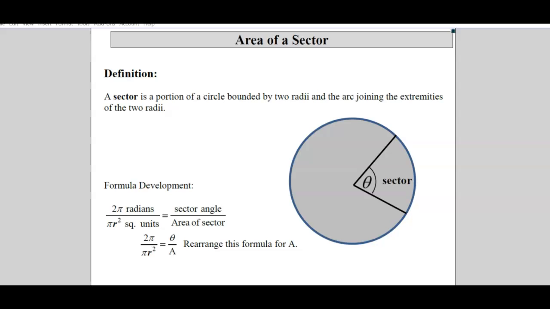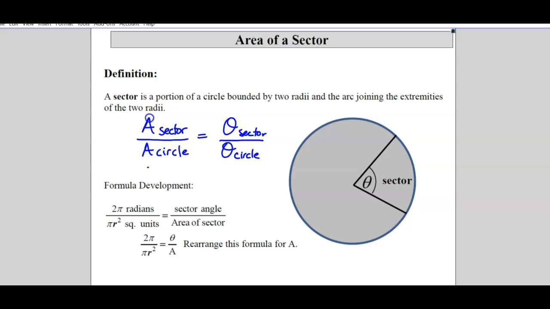So if you think about it, I think of the area of the sector compared to the area of the circle. That ratio is going to be the same as the angle of the sector over the angle of the whole circle. Well, we know the angle of the whole circle is 2 pi radians.